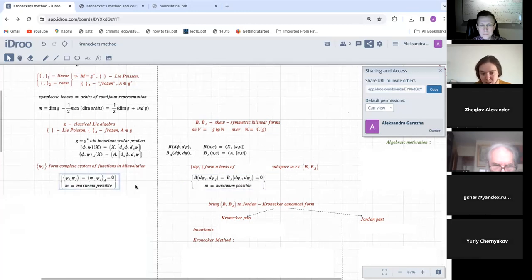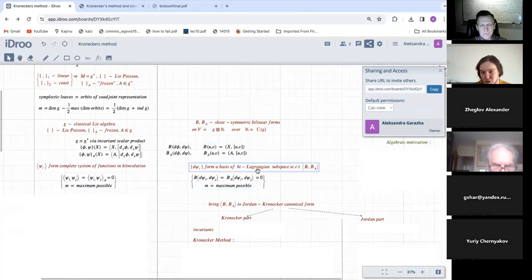And the number of these functions should be maximum. So in terms of linear algebra, it means that these differentials form a basis of a bi-Lagrangian subspace.